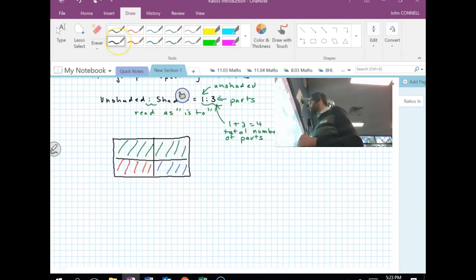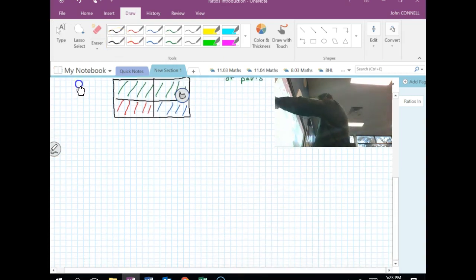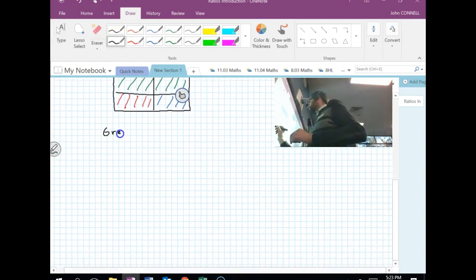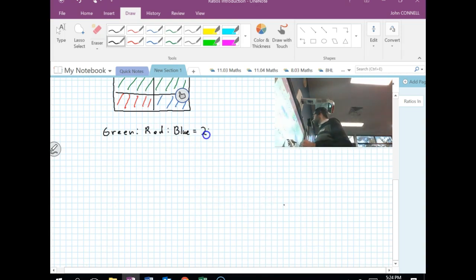Then we could write a ratio of green is to red is to blue. So how many of my equal parts are green? Well, it was 2. How many were red? That was just 1. And how many were blue? Well, that was 1 as well. So the ratio here is 2 is to 1 is to 1, and that's green is to red is to blue.